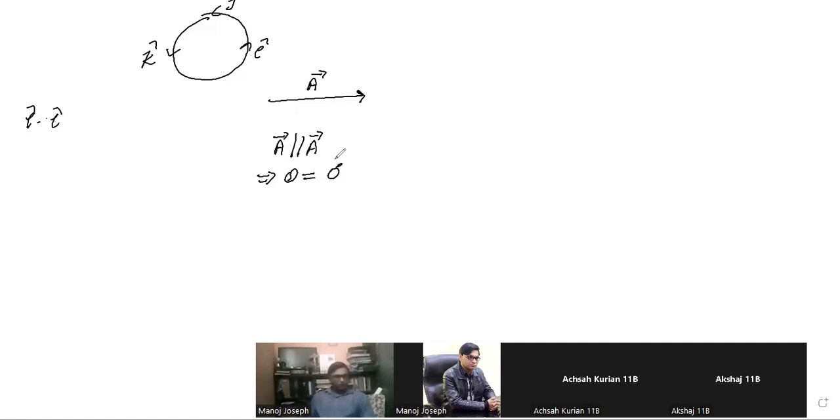So I cap is parallel with I cap, and the magnitude of vector I is 1 only, and 1 into 1, and the angle will be cos 0 because I cap is parallel to itself. Therefore, I have taken the angle as 0.